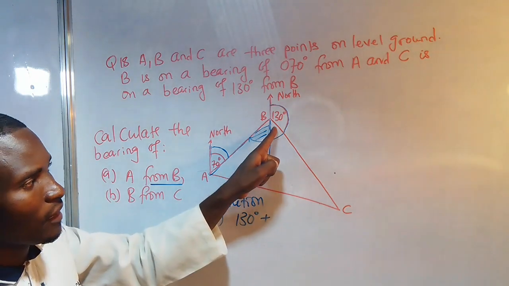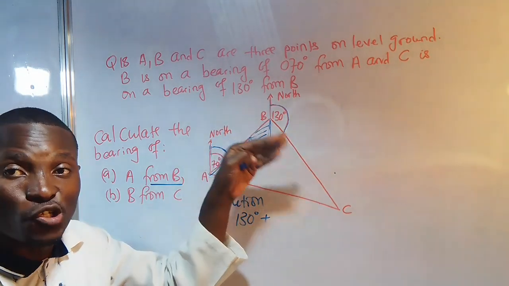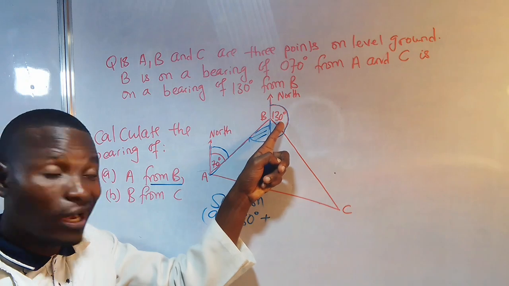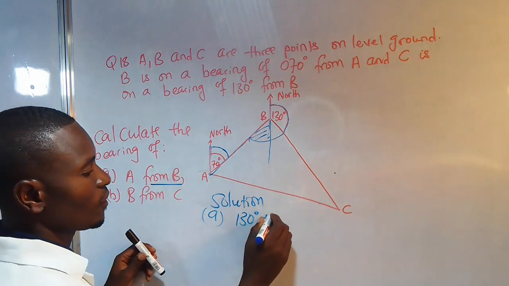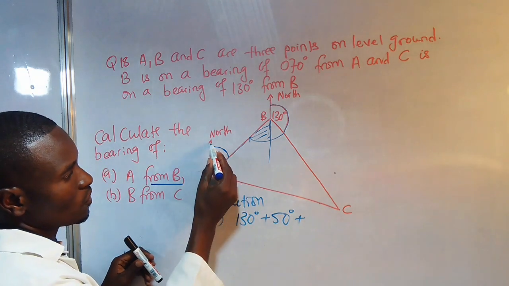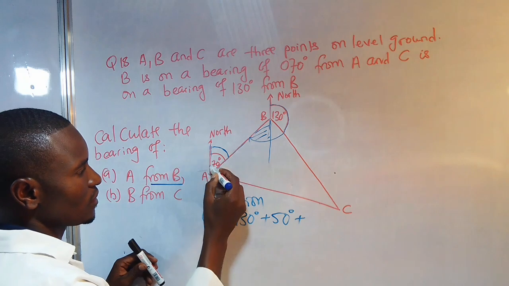For a straight line to be 180, how much do you need to add to 130? That is just 50. So plus 50, plus this one, because these are alternating angles.